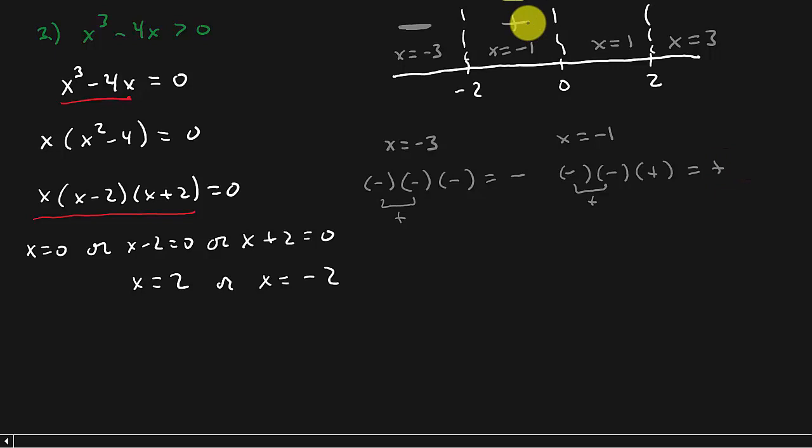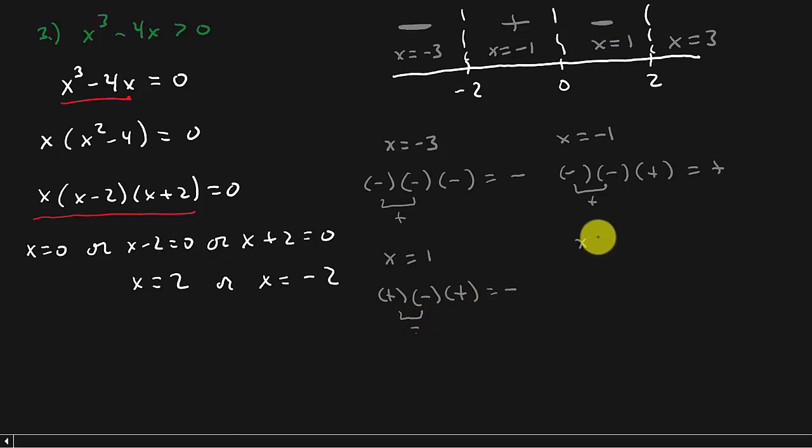So these are all positive. And then I've got x equals 1. So plug the 1 in, that's positive. Plug the 1 in, 1 minus 2 is a negative number. And then 1 plus 2 is a positive number. So a positive times a negative is negative, and then a negative times a positive is negative. So this would be negative.